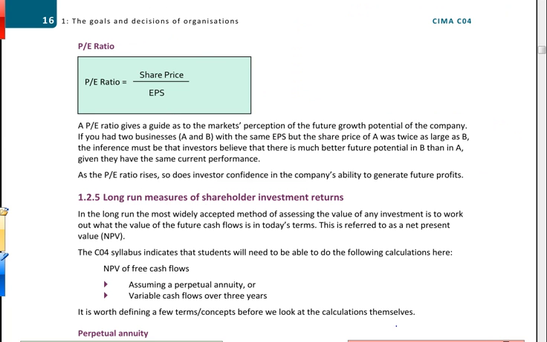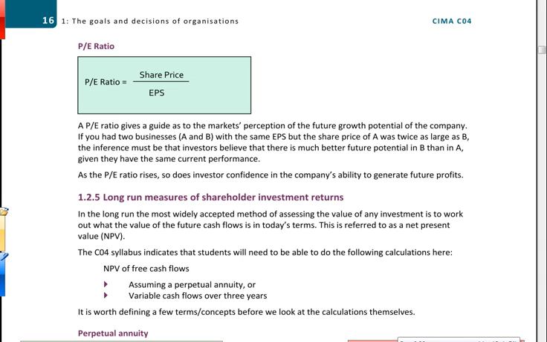We have another measure that helps us gauge the likely future performance of the company, and this is known as the PE ratio. And the PE ratio is equal to the share price of the company divided by the earnings per share. The PE ratio will always be a number, it's not going to be a percentage.